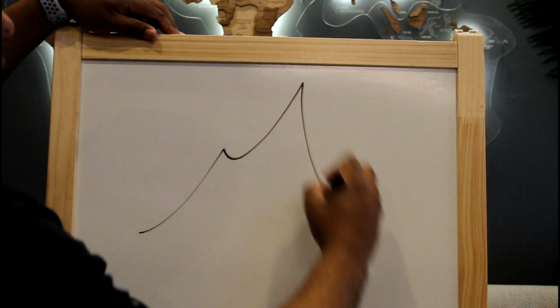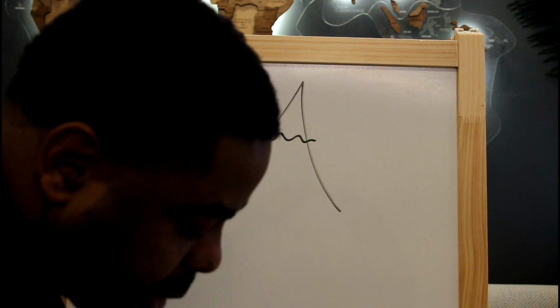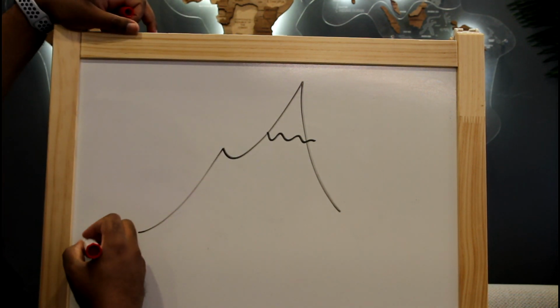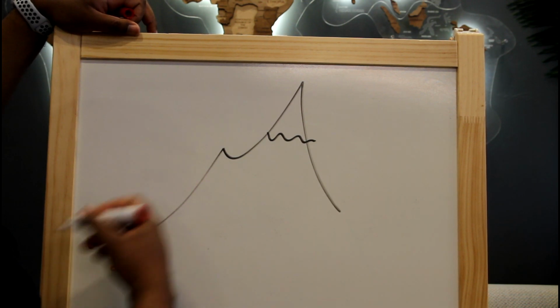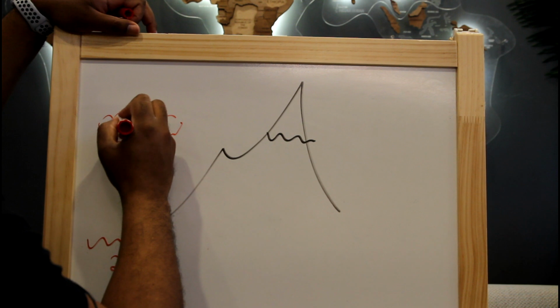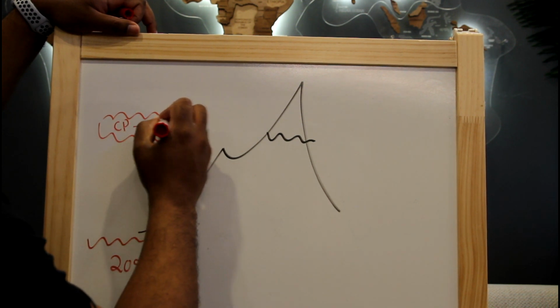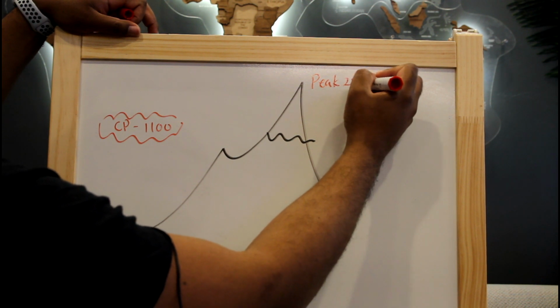Now, the reason I had you guys draw the mountain was because it makes it a little bit easier to understand visually. So just going to plug in those numbers here again, 20 degrees Celsius. The CP is 1100 meters. And the peak is 2500 meters.